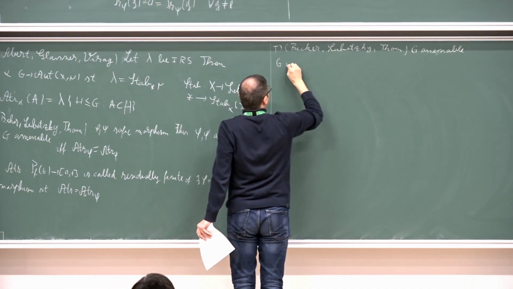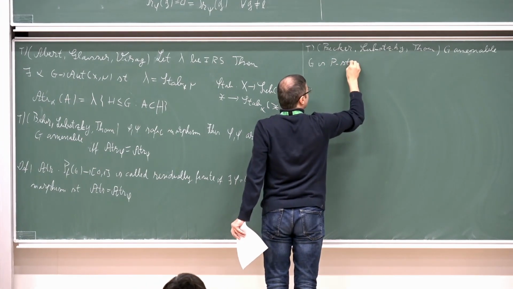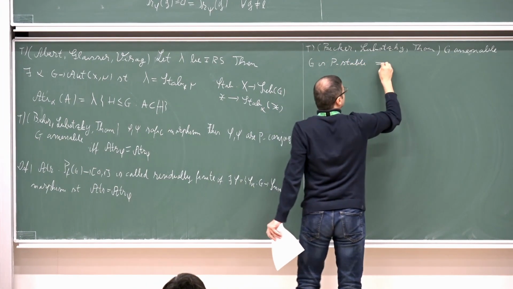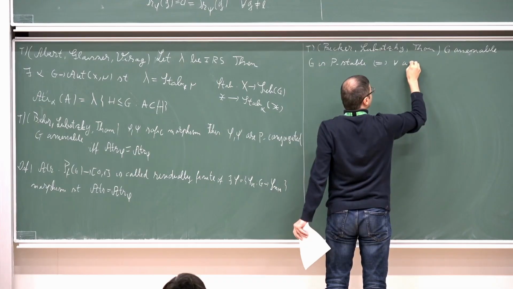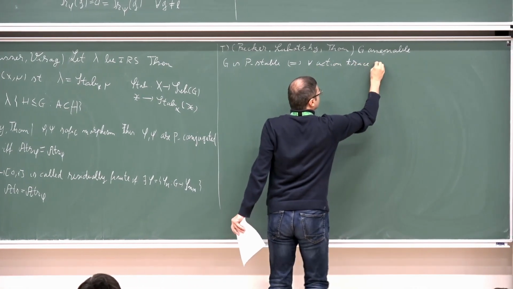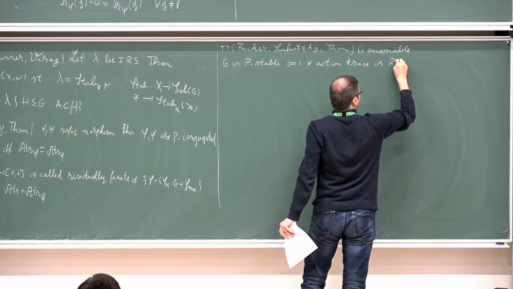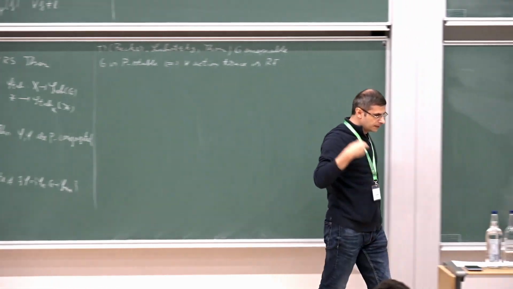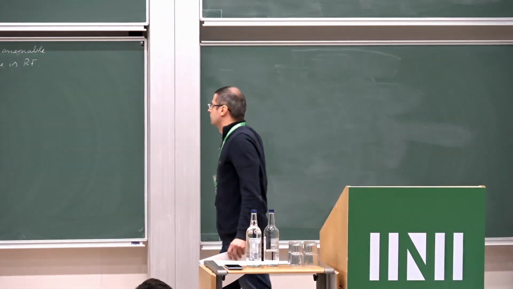G is stable if and only if any action trace is residually finite. Or in the language that they use, any invariant random subgroup is co-sophic.